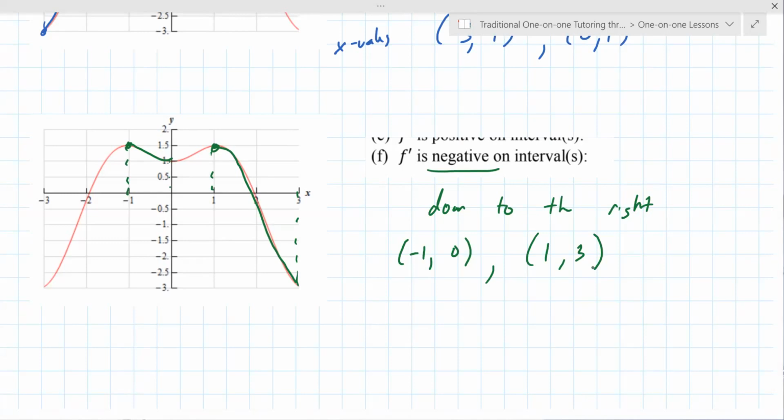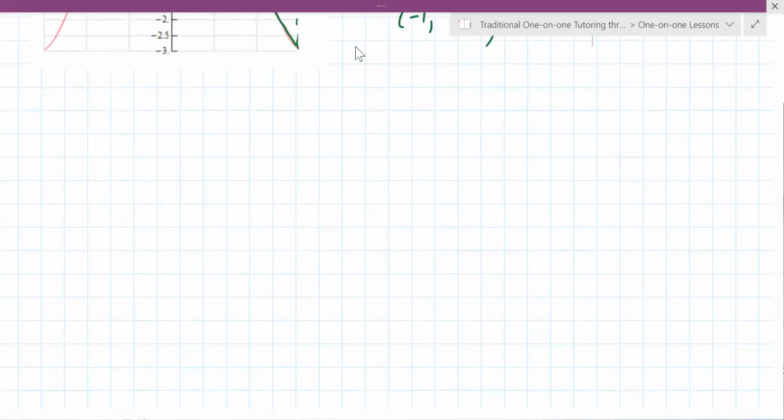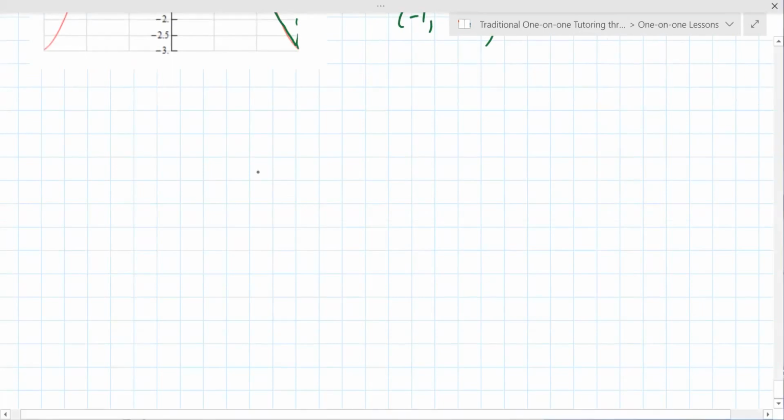So let me give you another graph here real quick, so that you can see if you understand. I think you do.